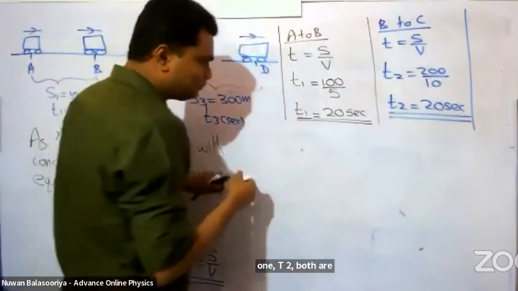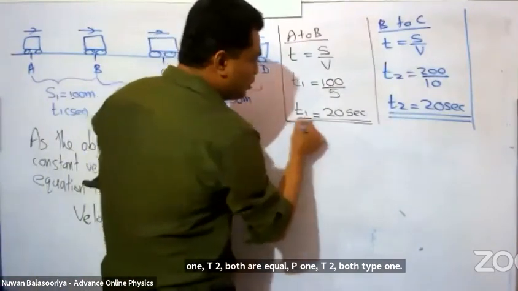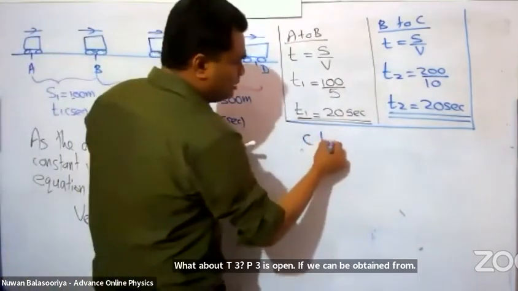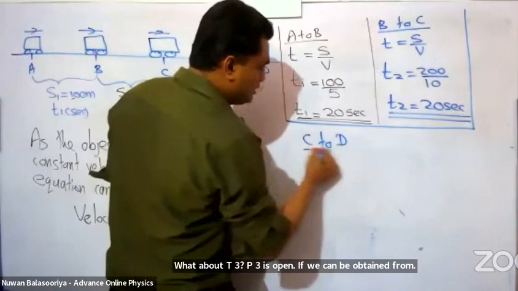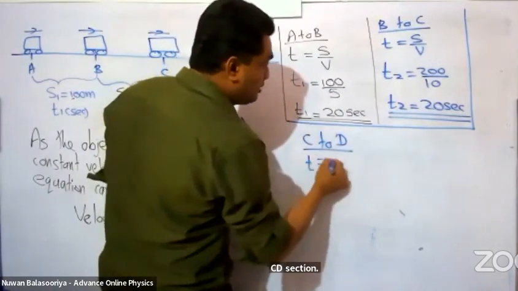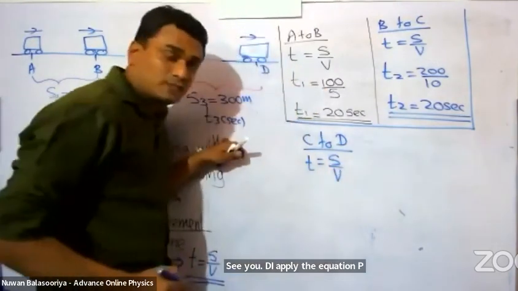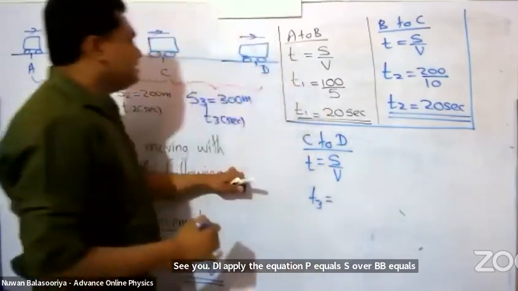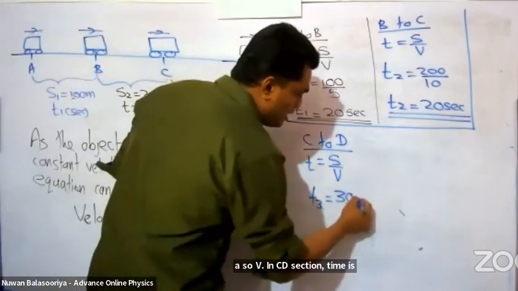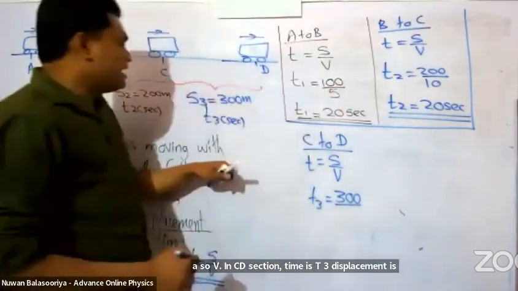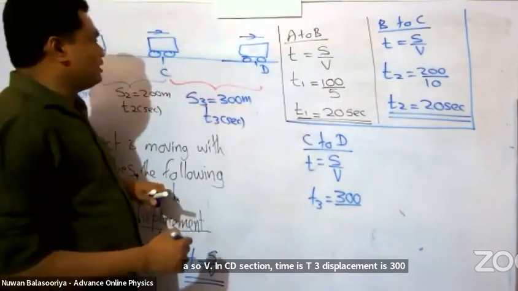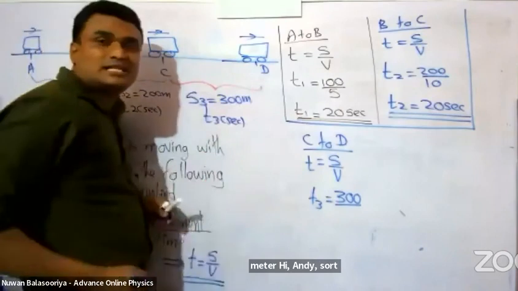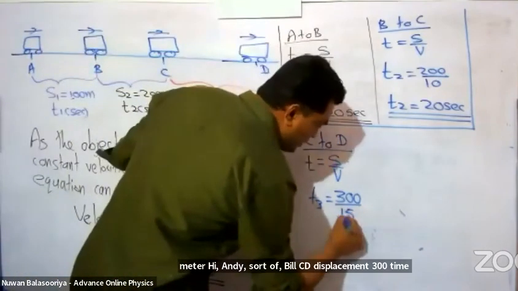What about T3 here? T3 can be obtained from the CD section, C to D. I apply the equation T equals S over V. In the CD section, time is T3, displacement is 300 meter, and the velocity is 15 meter per second.